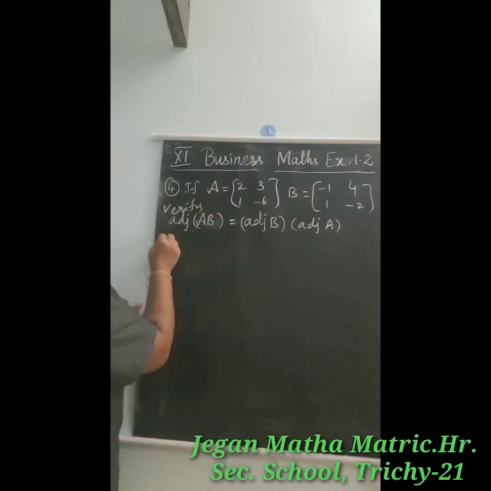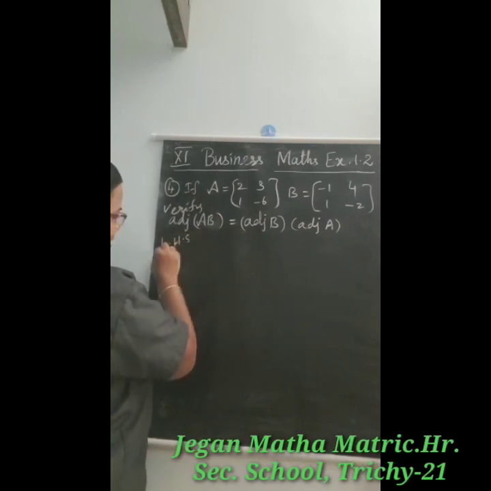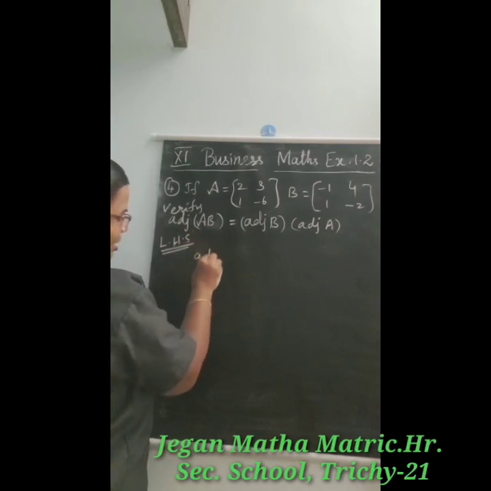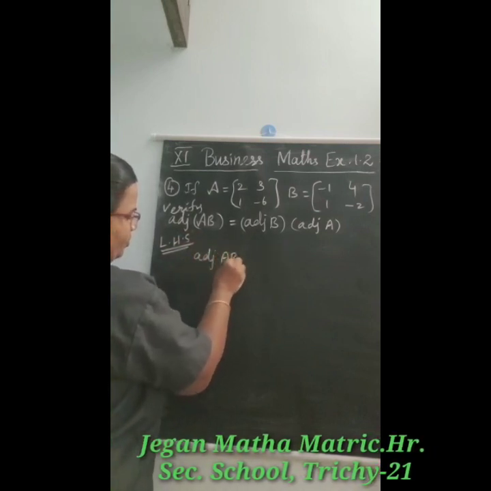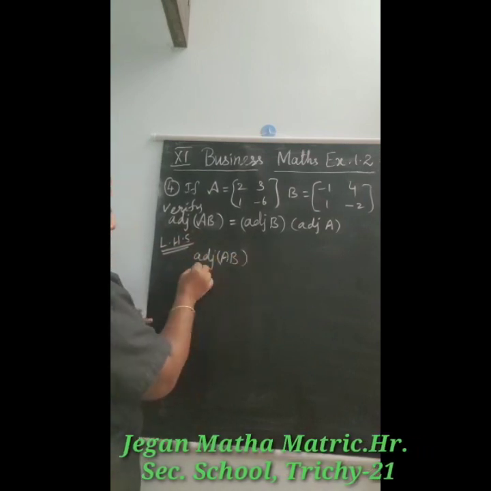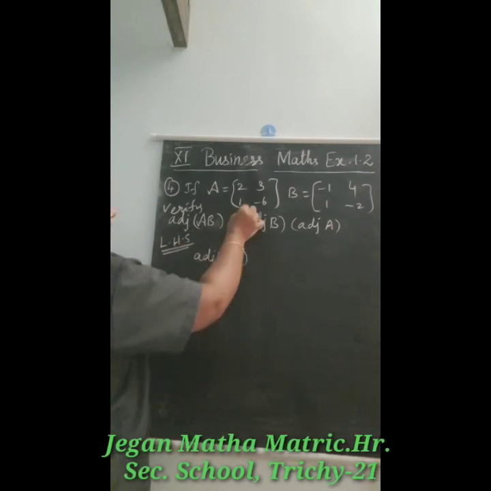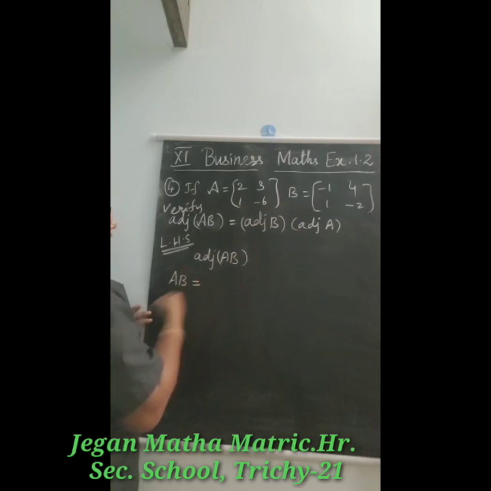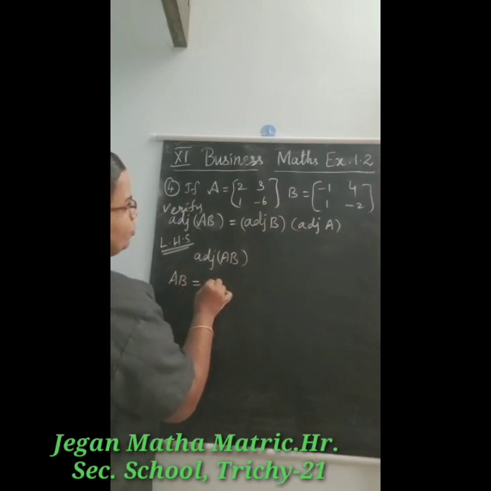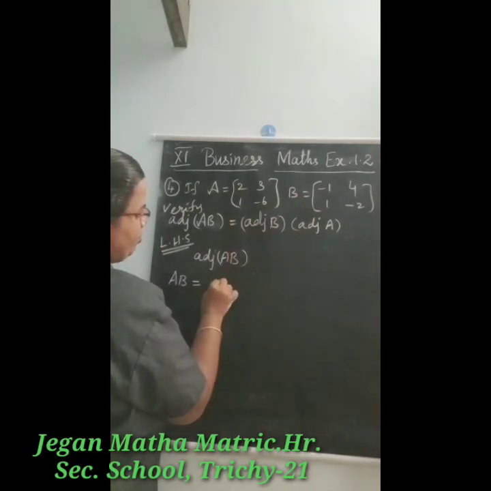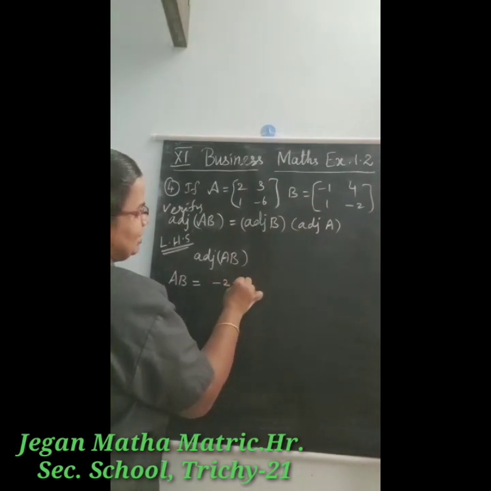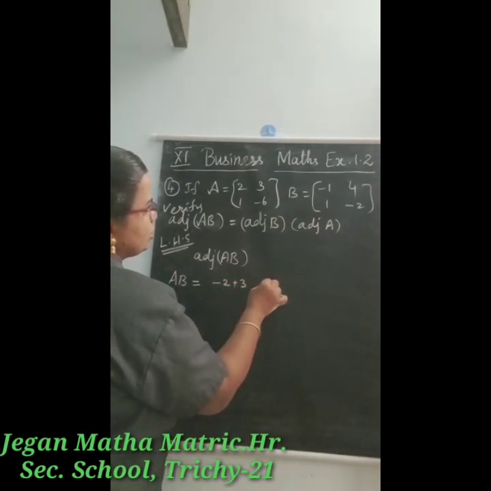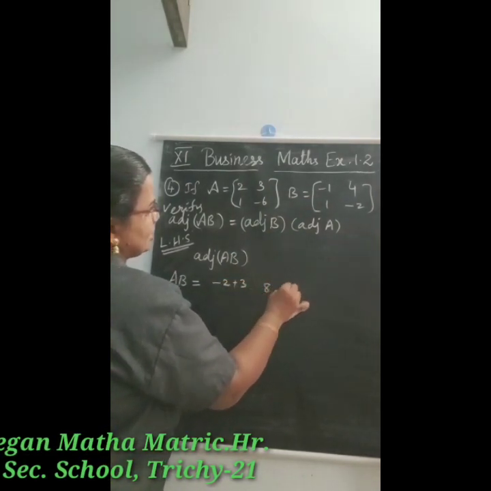So first you have to take LHS. What is in LHS? That is adjoint AB. So first we have to find out AB, A into B. So what is AB? AB is equal to 2 into minus 1 minus 2 plus 3, and 4 times 2 is 8 minus 6.